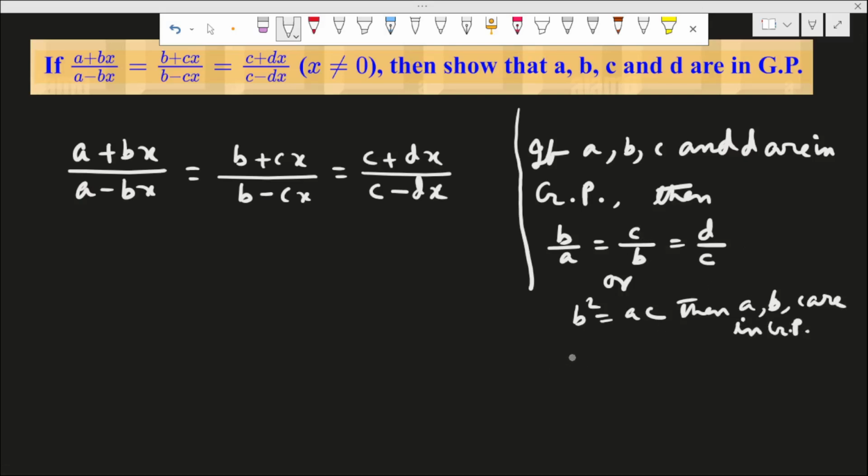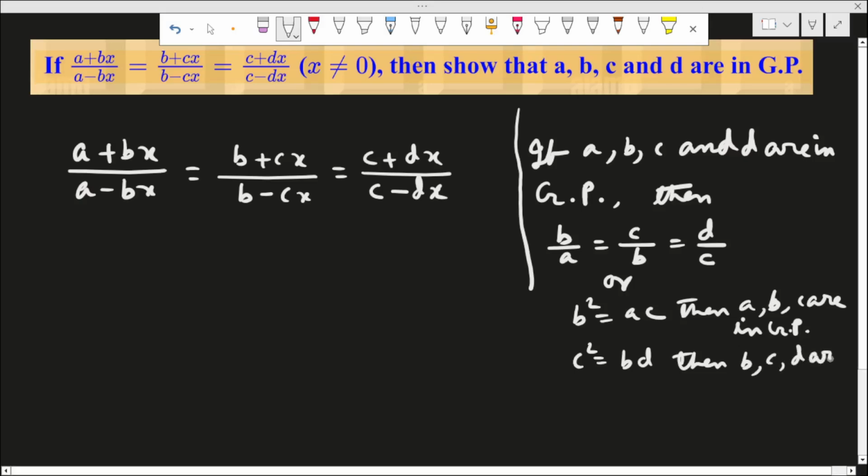From last two, C by B is equal to D by C, C square is equal to BD, then B, C, D are in GP.